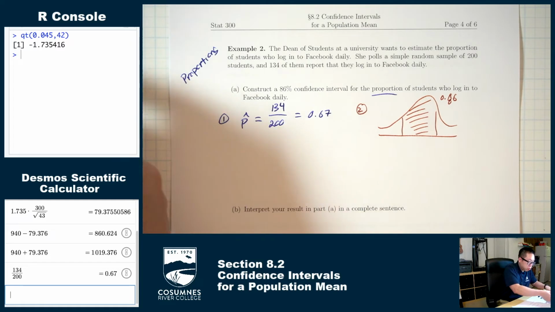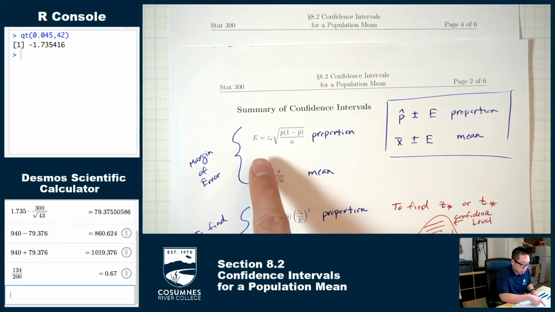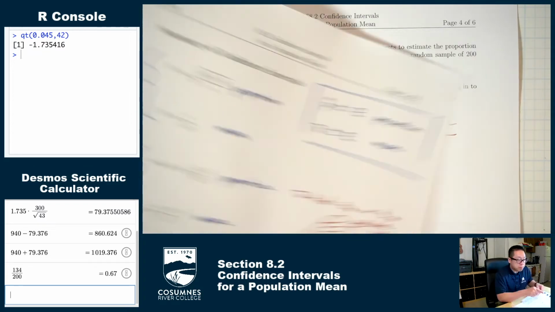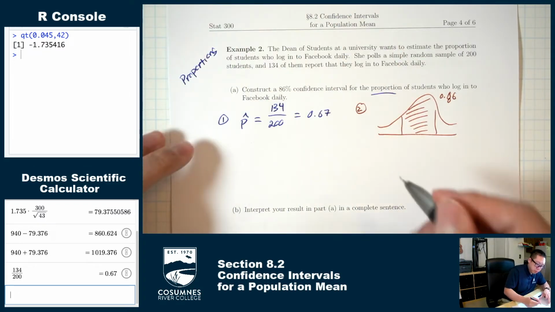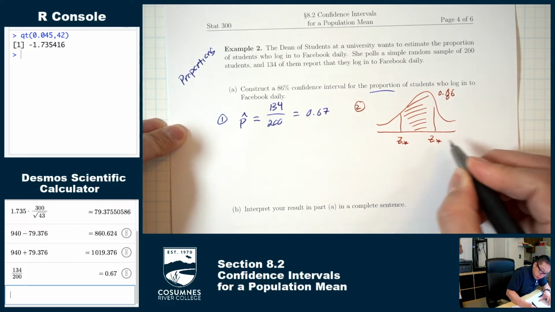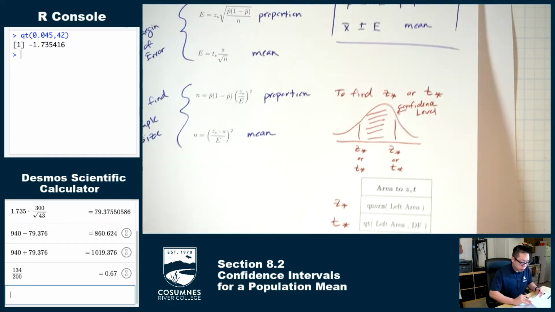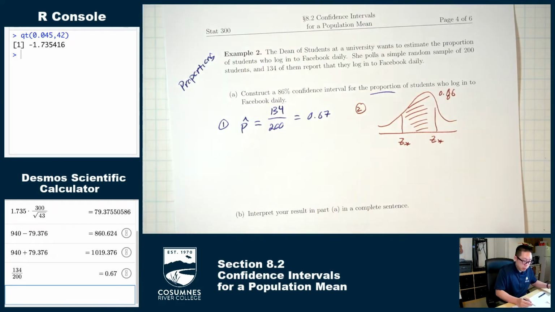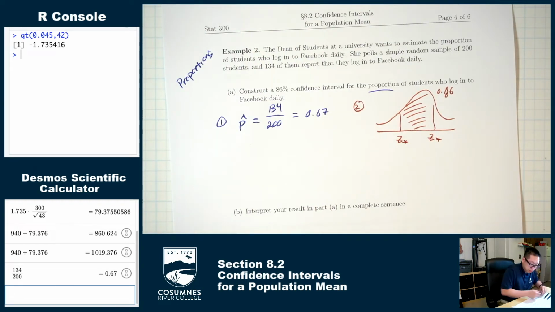For the proportional situation, our formula for margin of error has a Z star in it, so we're looking for a Z star. And for Z stars, we do a Q norm left area. Okay, so we're going to do Q norm left area.